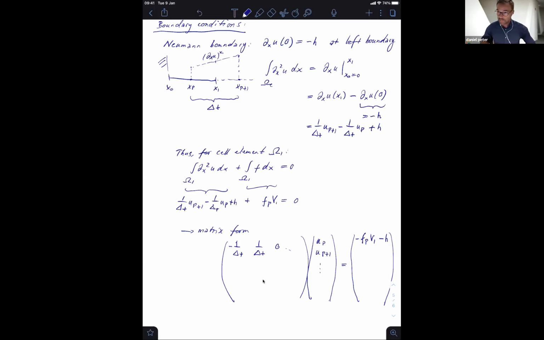Is that clear? Clear how we will put this into a matrix form?